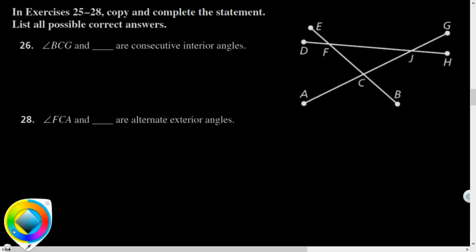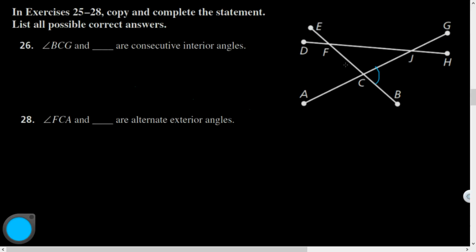Angle BCG. Let's shift to my nice sky blue. BCG is this angle here, and blank are consecutive interior angles. These ones are the toughest when they have the triangle drawn, because what you're considering the transversal is different.